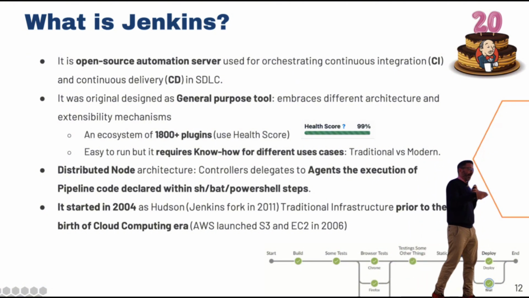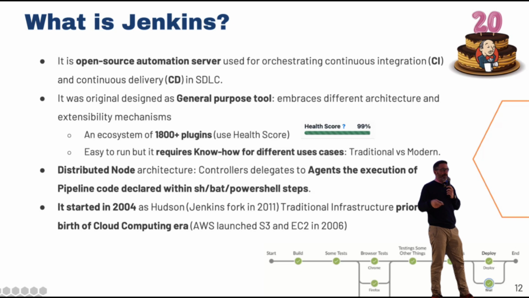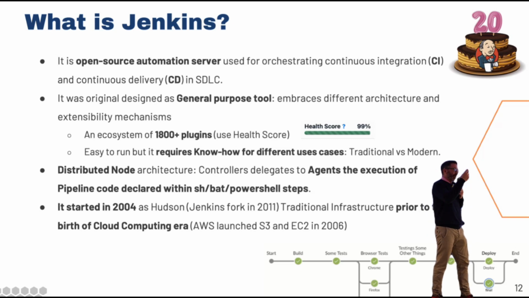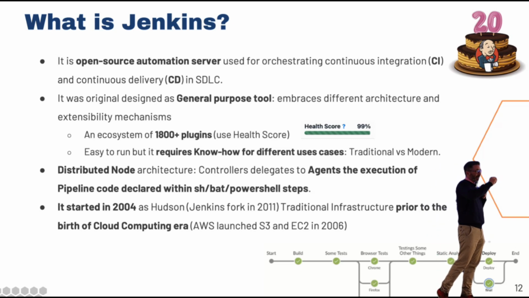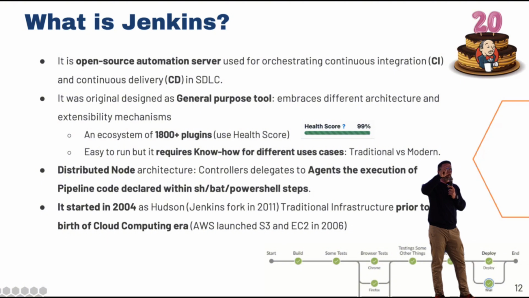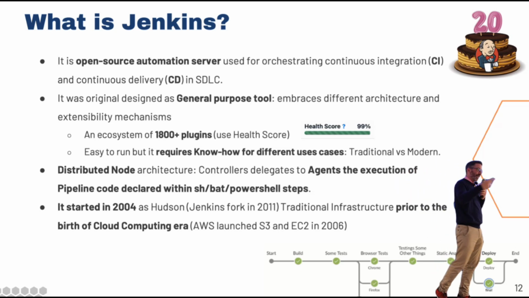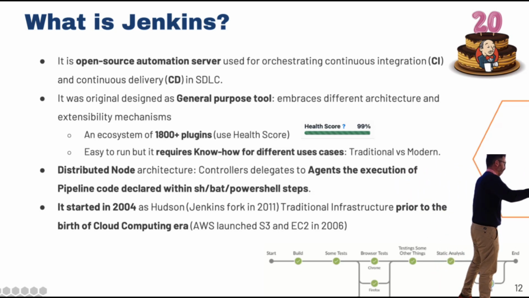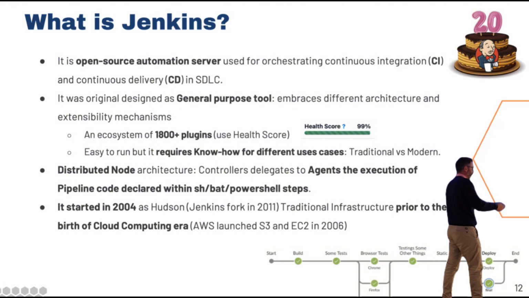So a well-designed pipeline will use Groovy as a glue, and then once you allocate a node, it's important to make a call to an sh step for Linux or a bat step for Windows, to delegate the execution of that pipeline to an agent.